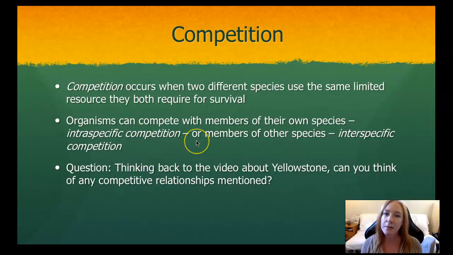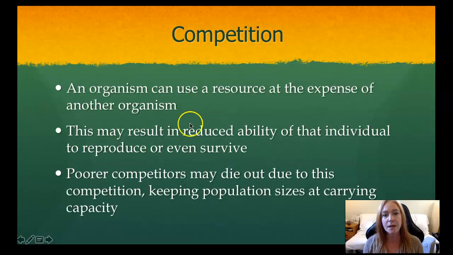Now, looking back at the video about Yellowstone, can you think of any competitive relationships that were mentioned, either between the wolves themselves or between their prey animals, or were the wolves competing with other predators for resources? Always keep that in the back of your mind. Sometimes competition can be at the expense of other organisms.